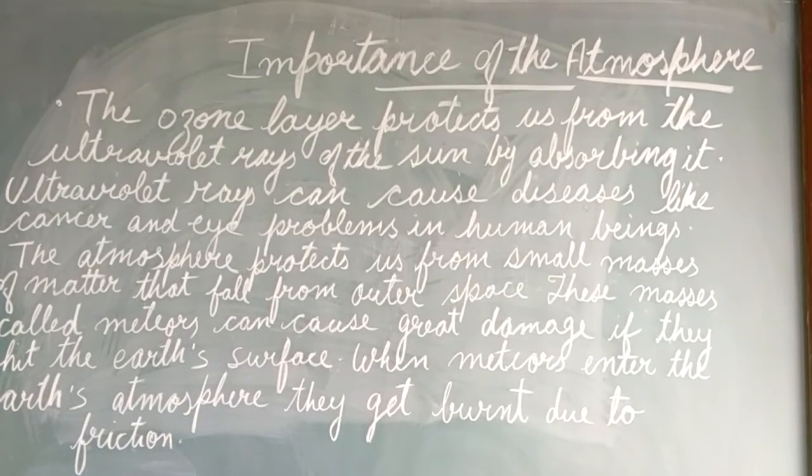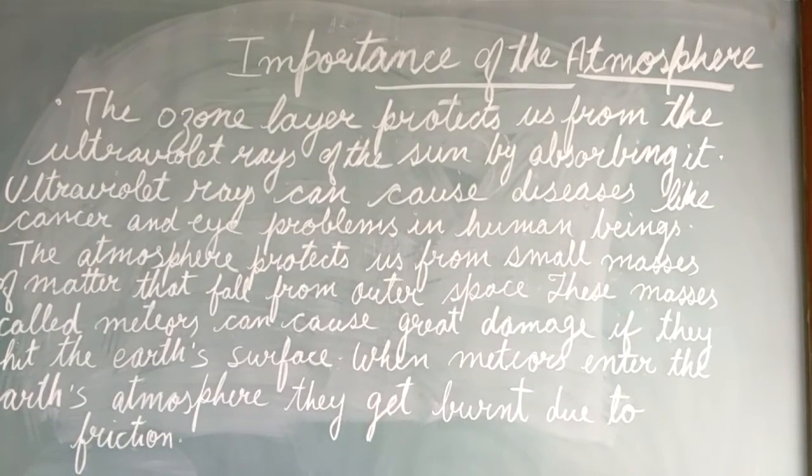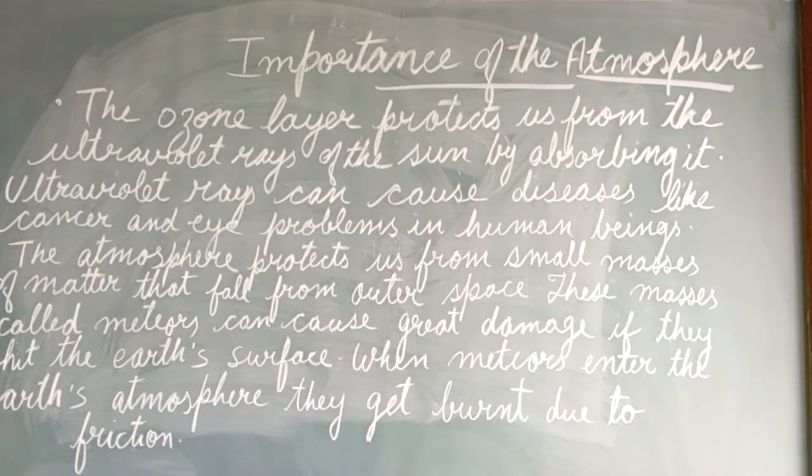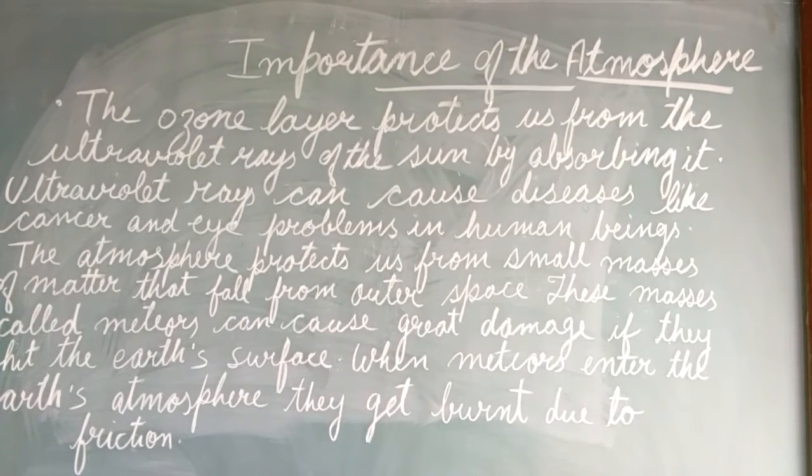Meteors can cause great damage if they hit the earth's surface. But what happens? These meteors enter the earth's atmosphere and they burn, due to the friction.